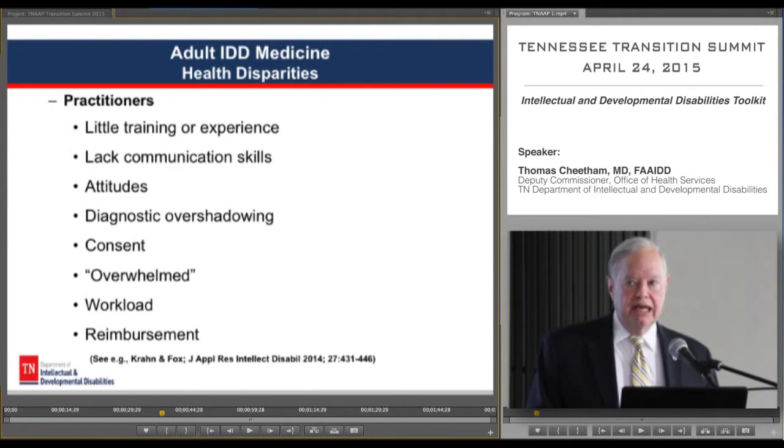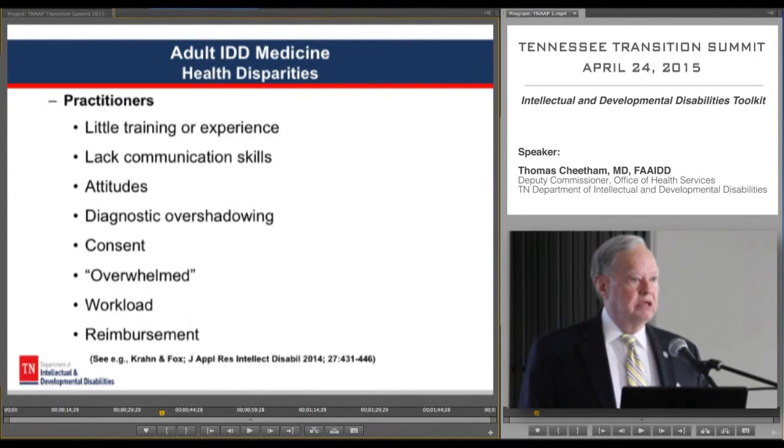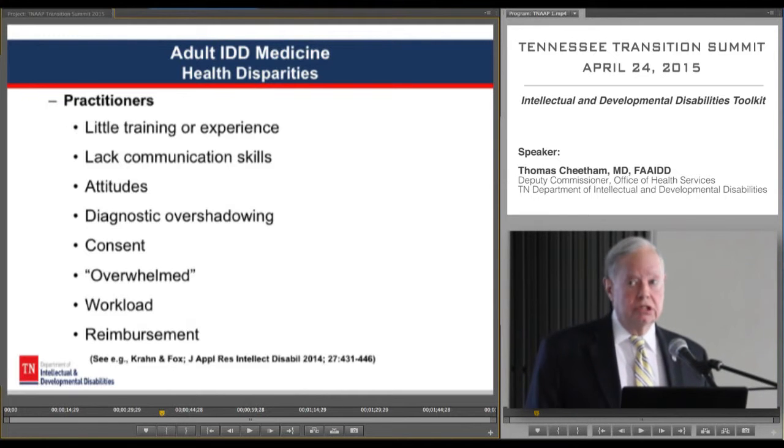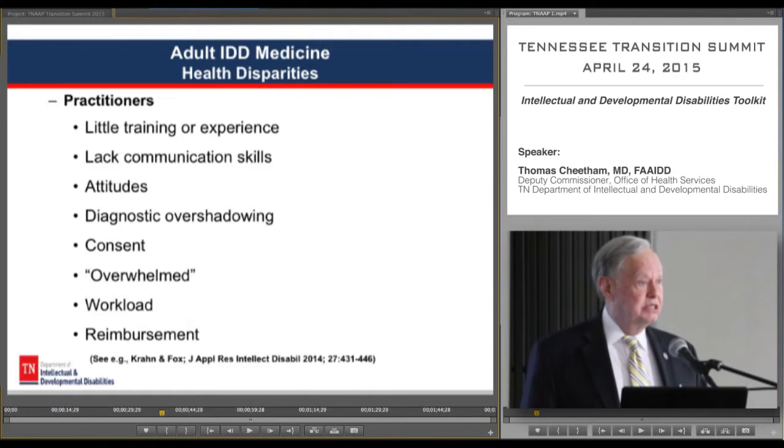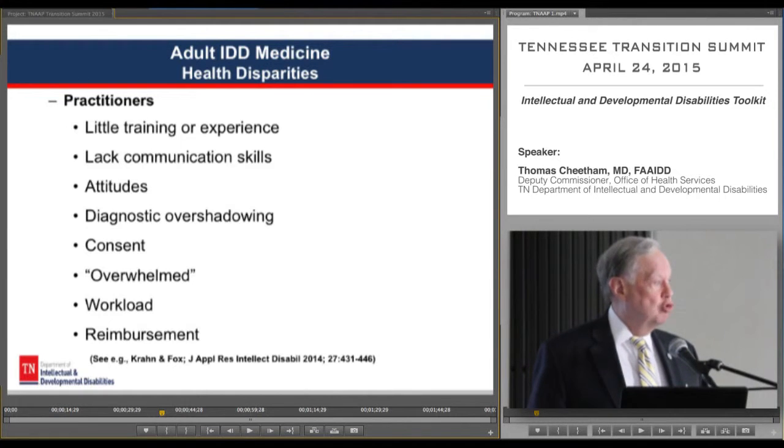They may be used to that in children and perhaps in older adults, but that's not something that you get a lot of experience with. There's a literature that suggests the attitudes of physicians, and indeed nurses and some other disciplines, is not what it should be when it comes to providing care for this population.